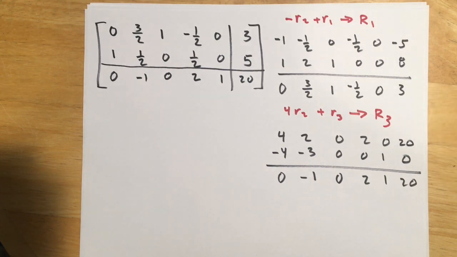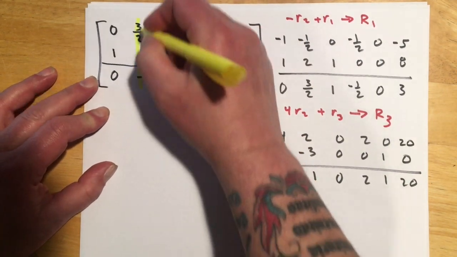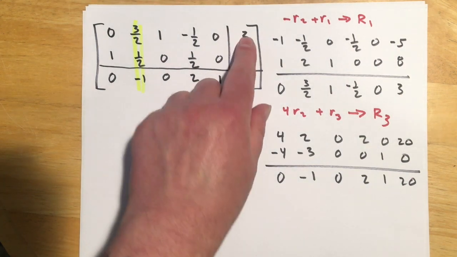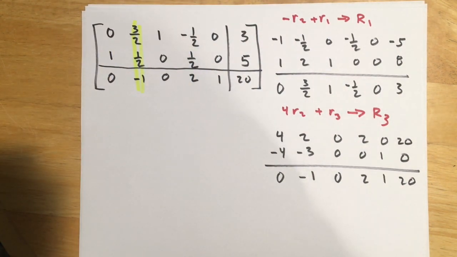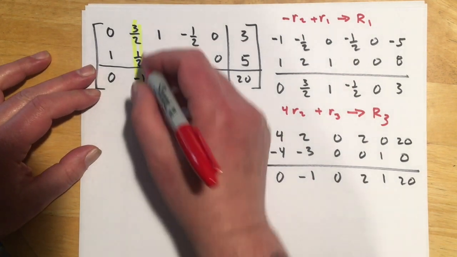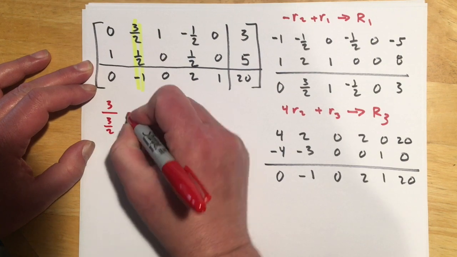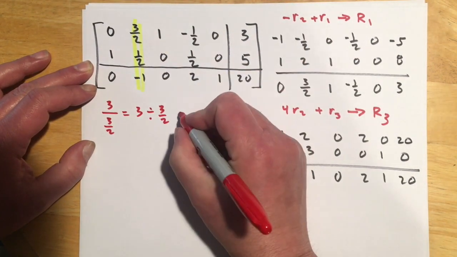We're just going to find our new pivot. So our pivot column is going to be right here, because that's the one with the negative in it. And our pivot row, remember we do that by dividing the equal side by the value in the column. So this is going to be 3 divided by 3 halves, and then flip it over.